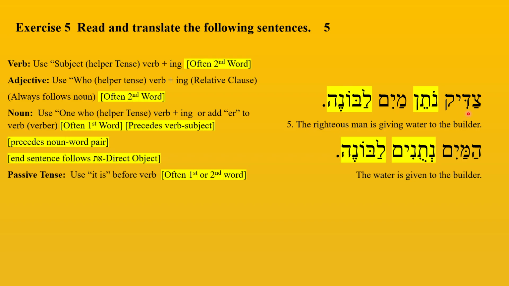I'm not sure why it's "the", but I would probably go with a righteous man or a righteous one. Again, you're assuming man here, but a righteous one, literally. A righteous one is giving water to the builder.